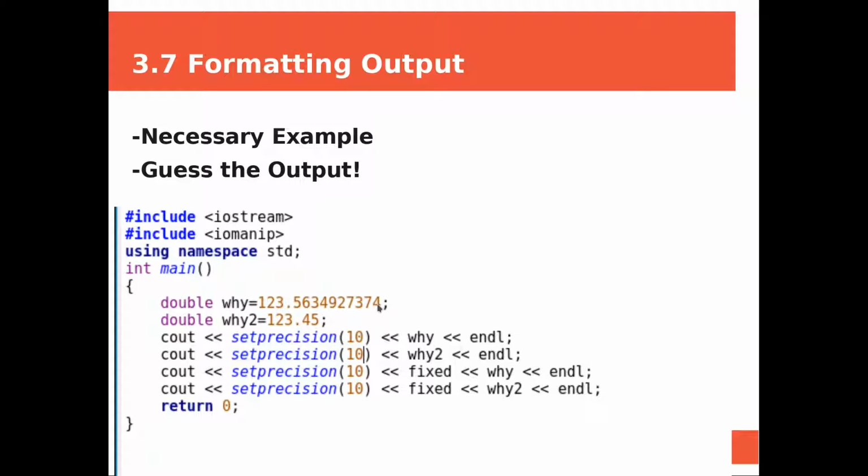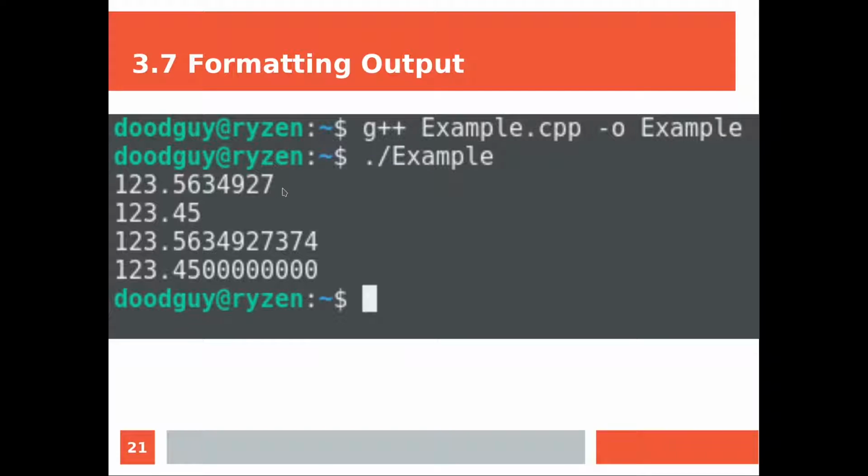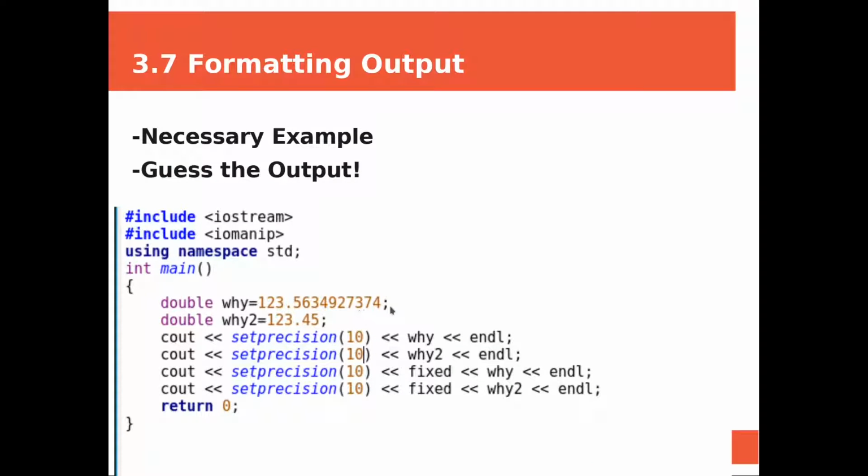So when you want to show complete values, as you can see here, we didn't get the 374, but someone who's using set precision 10 would probably think 10 means 10 decimal places, right? Nah, it includes all digits, so you have to account for that.